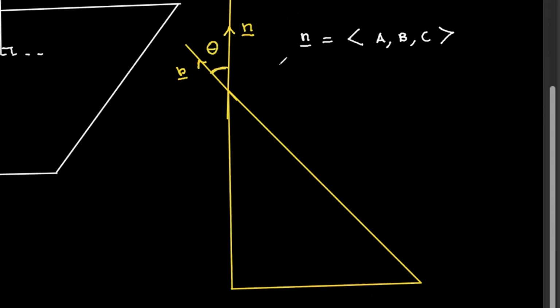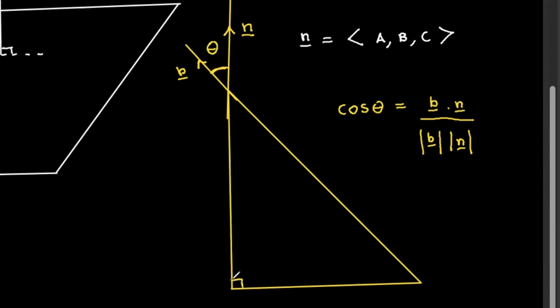How? Cos theta equals the dot product of b and n over modulus of b and modulus of n. If you have any doubts, I will leave the explanation of the dot product in the description. Just check it out. So we can find cos theta.